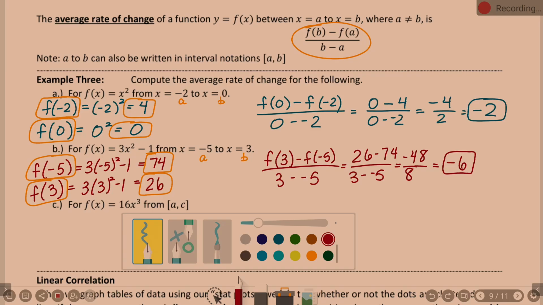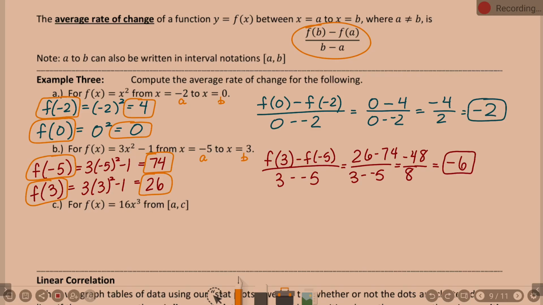My A and B, air quotes there, are A and C. I know that's a little confusing, but A is A, right? And B is C. Okay, well, let's find our pieces here. The first part's easy, right? I need to know what's f of A and what's f of C.